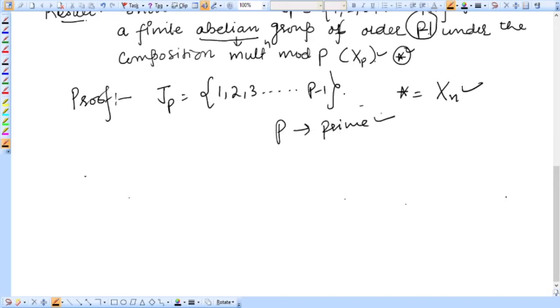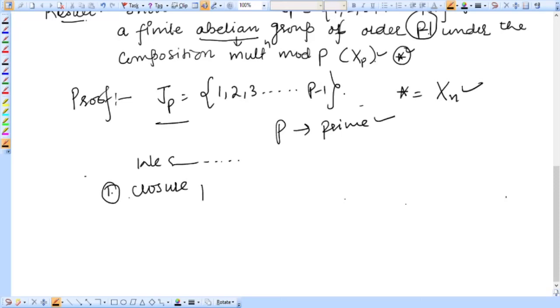Now we shall prove that Jp is an abelian group of order p minus 1. Commutative property, that is abelian, we have already proved that this group holds the commutative property, and now we are going to prove that this is closed.